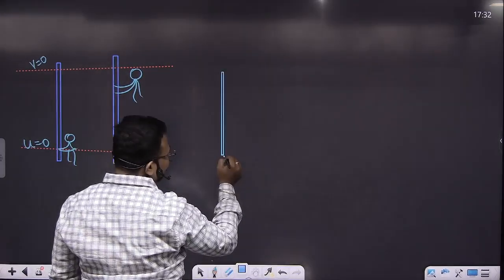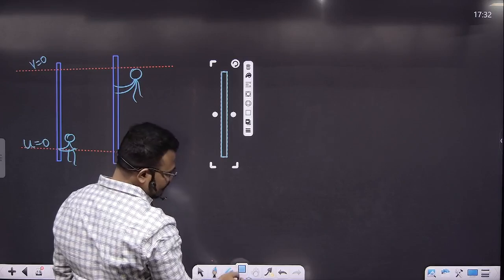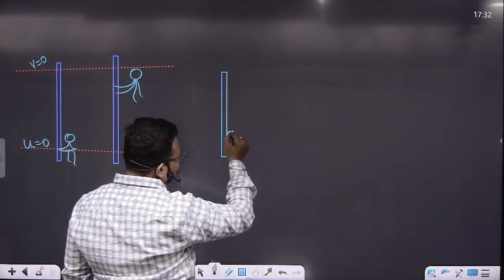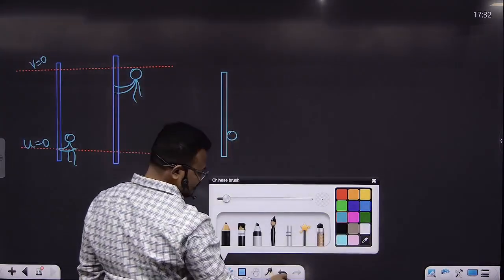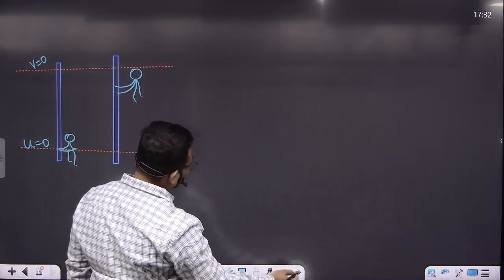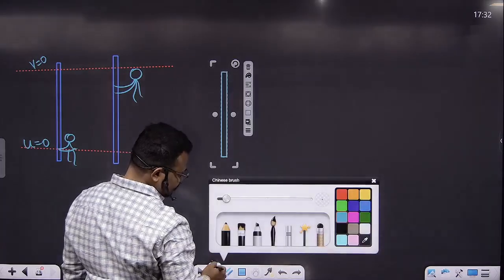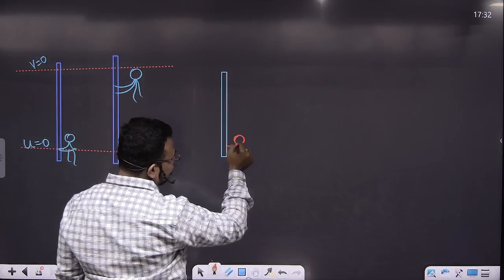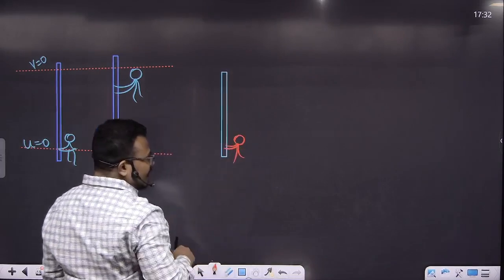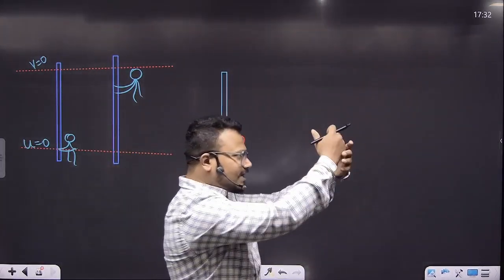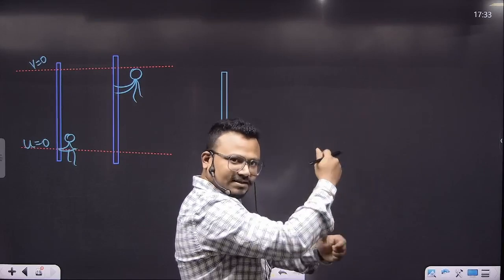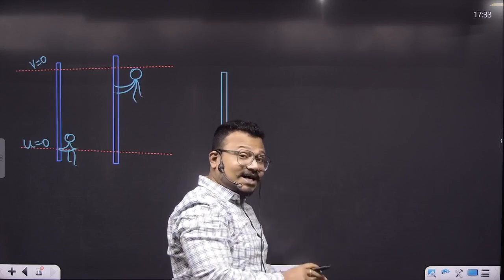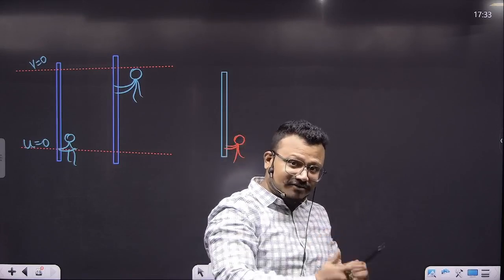Here that boy was holding, right? Now if we see very properly, he is applying force like this, so tension is acting, and friction is also acting.